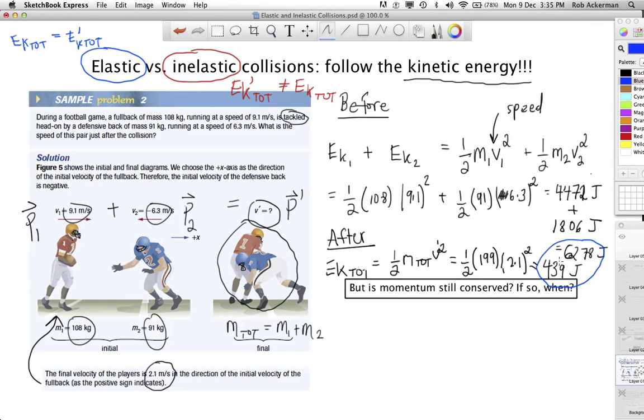What else? It's entirely possible that one of the players gets injured. Maybe a bone breaks. Maybe he breaks an arm or a leg. Breaking something requires energy, and it permanently deforms the object. That requires energy, breaking of bonds, which cannot be recovered afterwards.